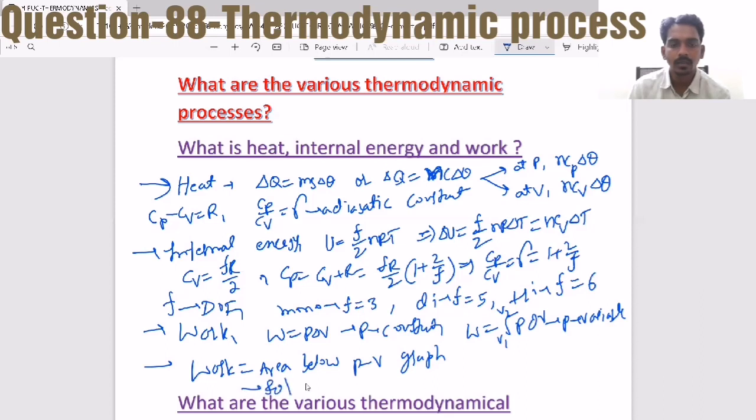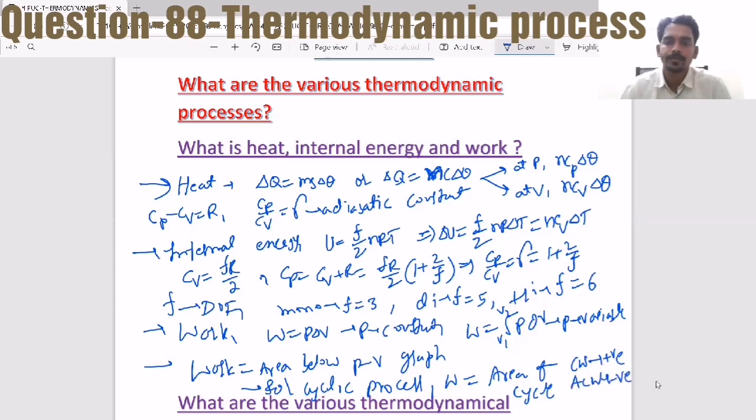For any cyclic process, work equals the area of the cycle. One thing you have to remember: clockwise means positive work done, and anti-clockwise cycle means work done is negative. These are the things you need to remember about heat, internal energy and work.